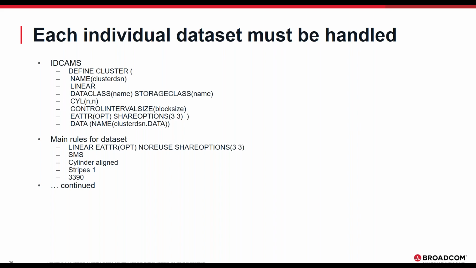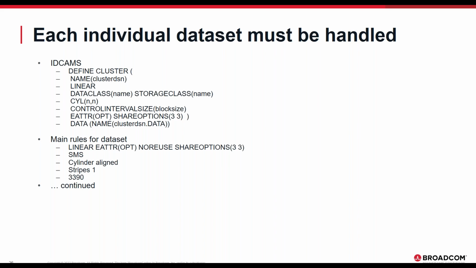The data class, there's certain requirements that we will have. You can't just use any data class. So we're going to have an entire report that will help you pick a data class, or help you if you have to create one, how you would define it. We want it allocated in cylinders. The control interval size is the block size. And the next two options are simply requirements. And then you'll have a data, which is the cluster name .data.